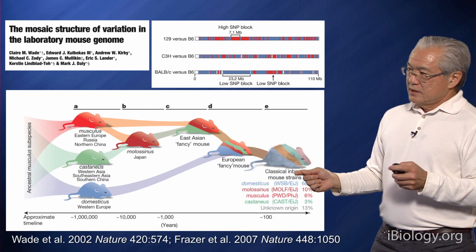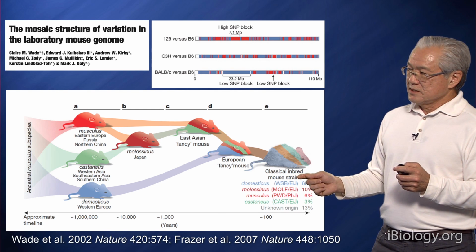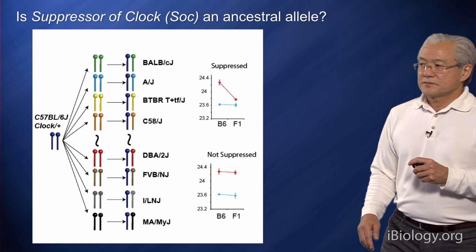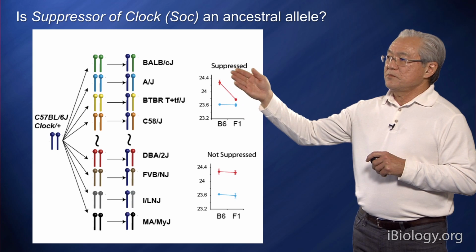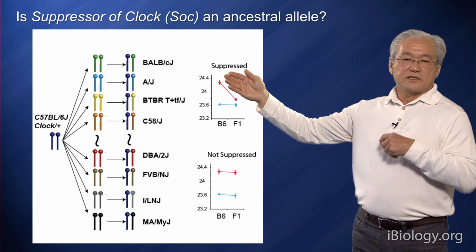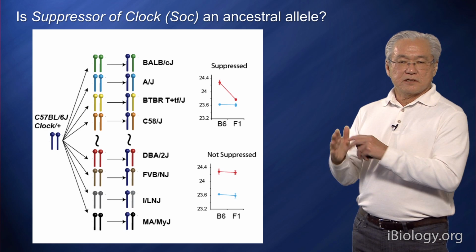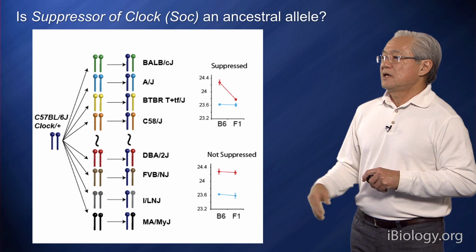And so this led to the idea that perhaps the suppressor of clock might be an ancestral allele that was inherited from one of these different species that contributed to inbred mice.